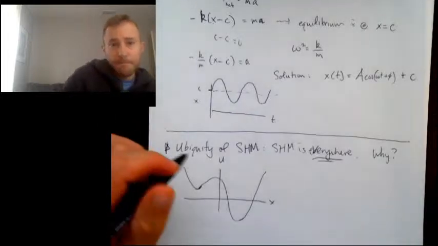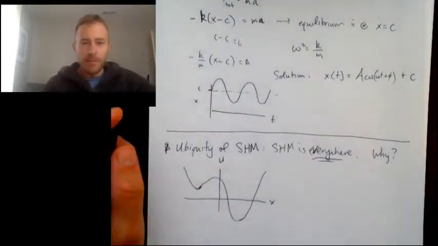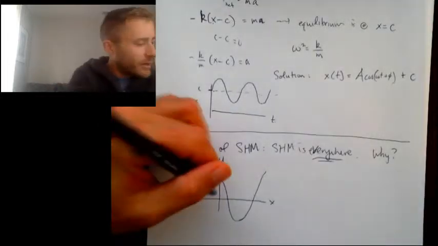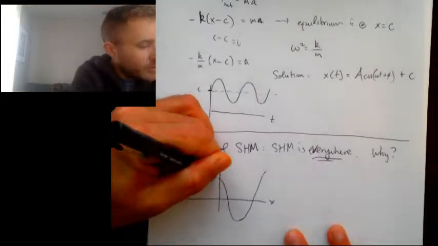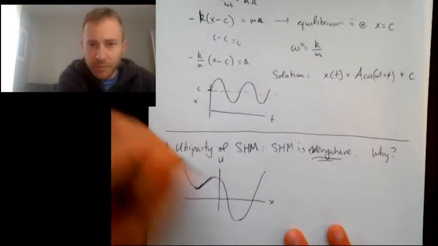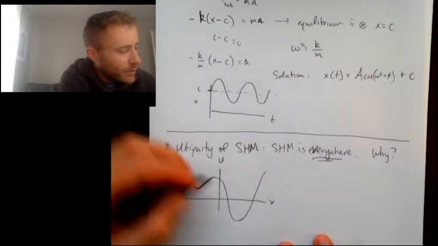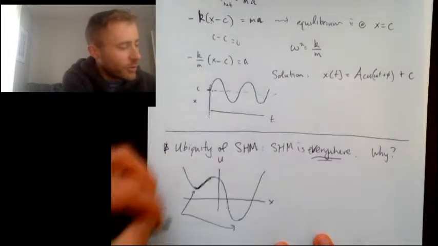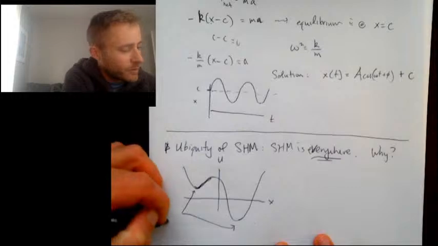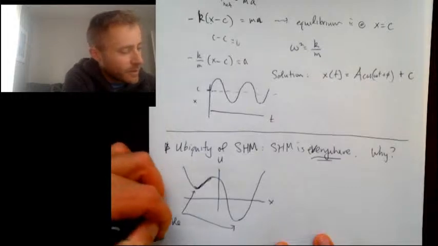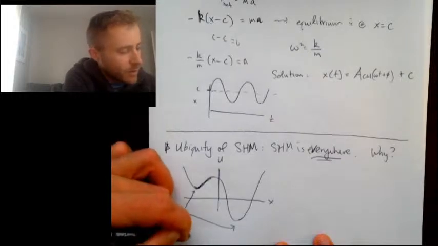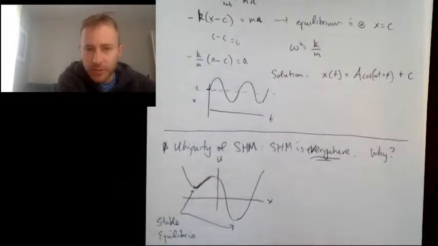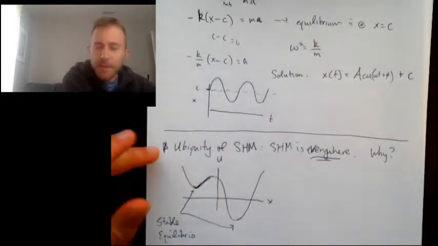If we look at this potential energy versus position graph, it has two stable equilibria. These two points right here are the stable equilibria of this potential.